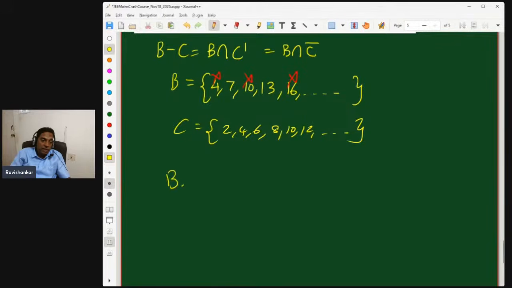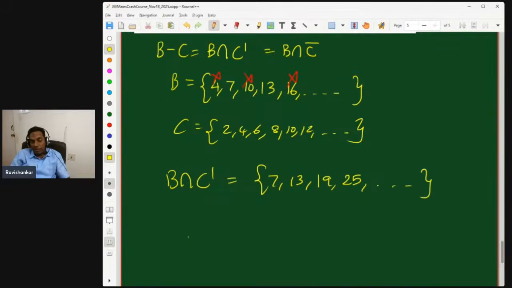B intersection C bar will be all the odd numbers in B: 1, 7, 13, and clearly you can see there's a pattern here. This is of the form 6k plus 1.